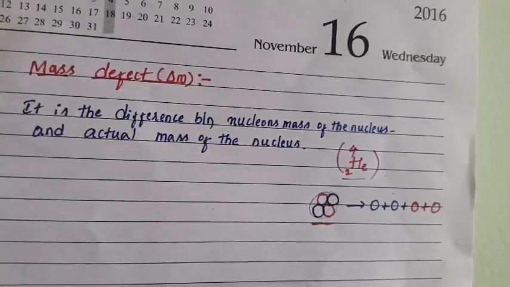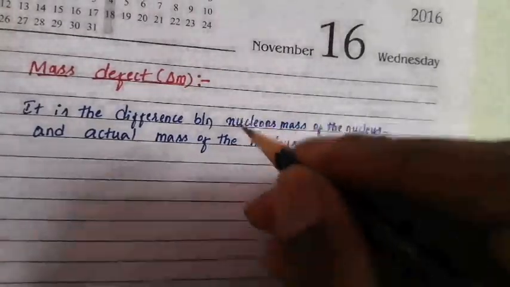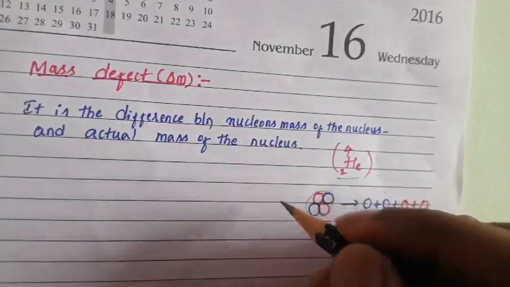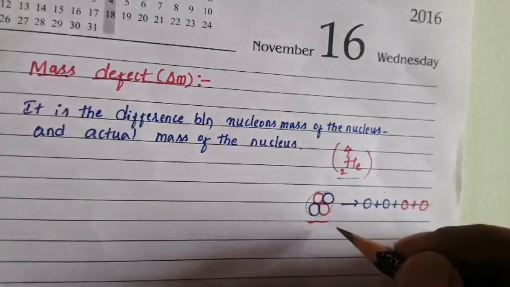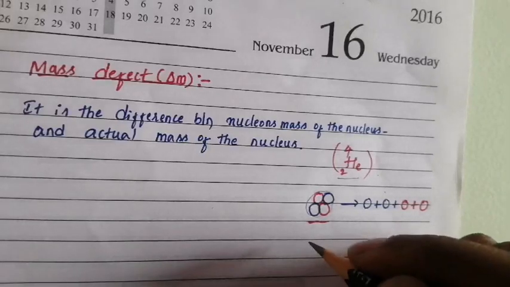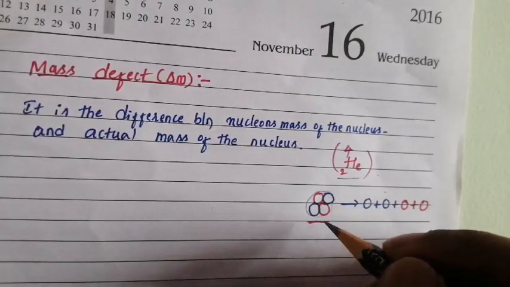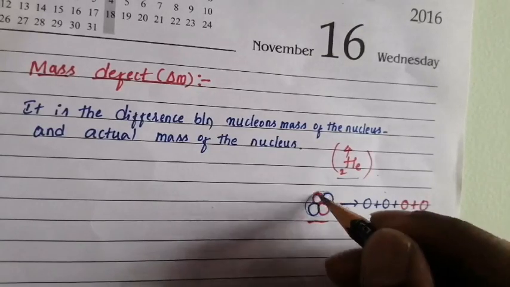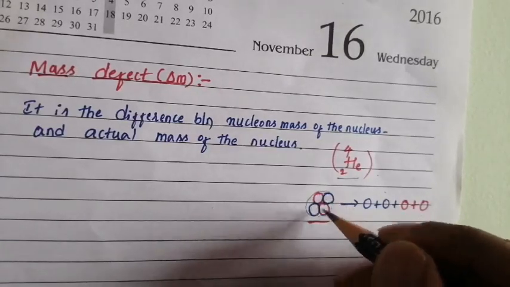Okay, next concept is mass defect. Before going to explain this definition, I want to take one example. Here, this is helium nucleus having 4 nucleons: 1, 2, 3, 4 nucleons.